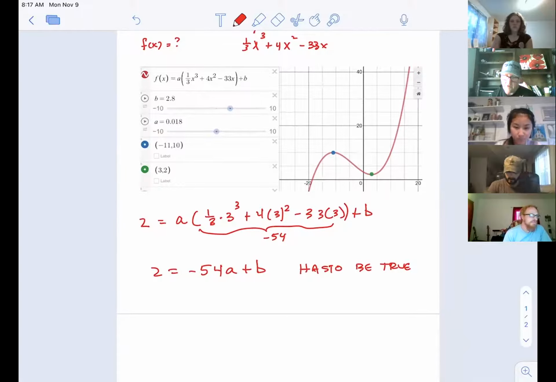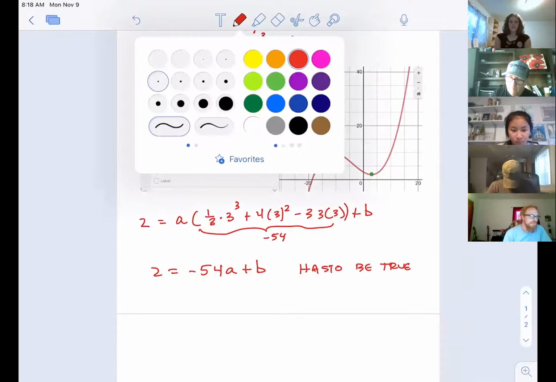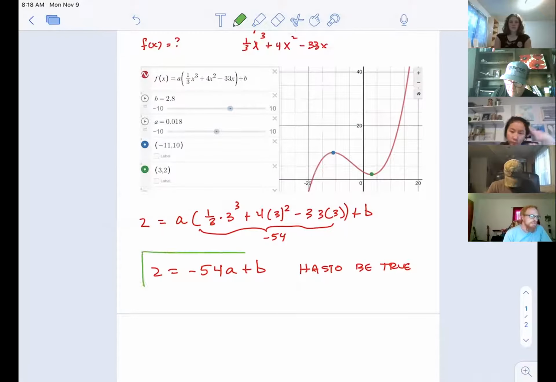What else is also true? You could solve for b equals 2 minus 54a, and then substitute for b. Yeah, don't we have a second equation here? That's not the only point that has to work in this. Isn't there a second point that has to work in it?